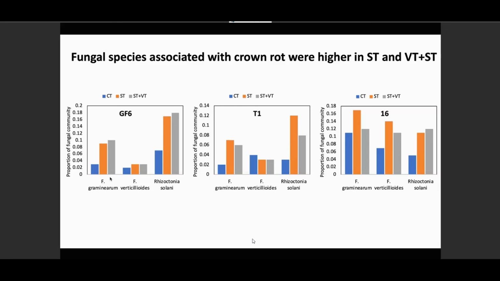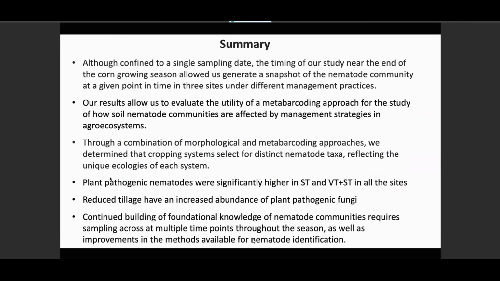So just to summarize the data we have till now, although our study is just a single sampling date, which was near the end of the corn growing season, our study helped us to generate a snapshot of the nematode community at a given time point in three sites.